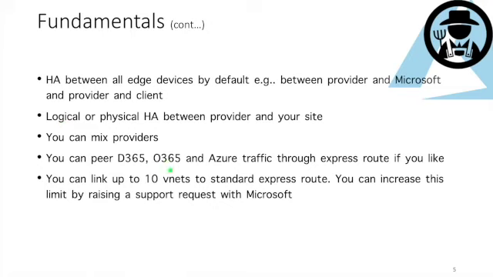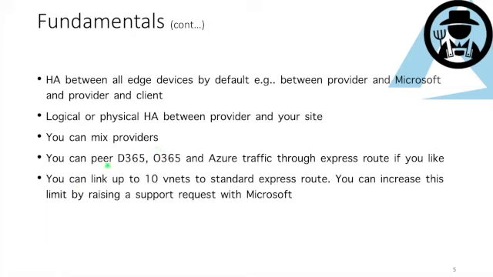You can also certainly peer Dynamics 365, Office 365, and Azure traffic through the ExpressRoute, if you like. For the Dynamics 365 and Office 365 peering, you probably need to know the IP ranges of the services you are hitting, and they sometimes change, so you need to work with your account manager from Microsoft to understand, or maybe check online and see if you can find the details.